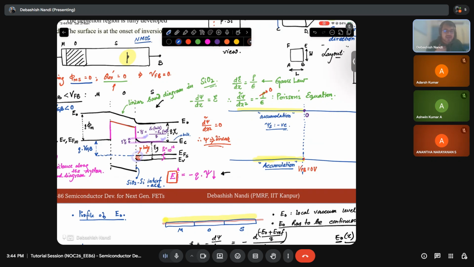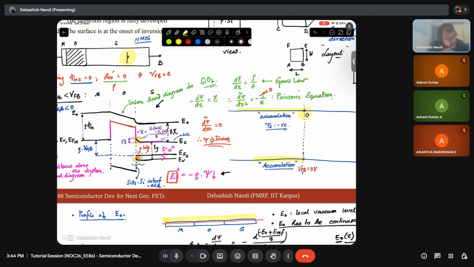Now what will happen at the flat band condition? At flat band condition, there will be no band bending. This particular thing we call band bending. There will be no band bending in the semiconductor. That means what will be my surface potential at flat band condition? 0, right?